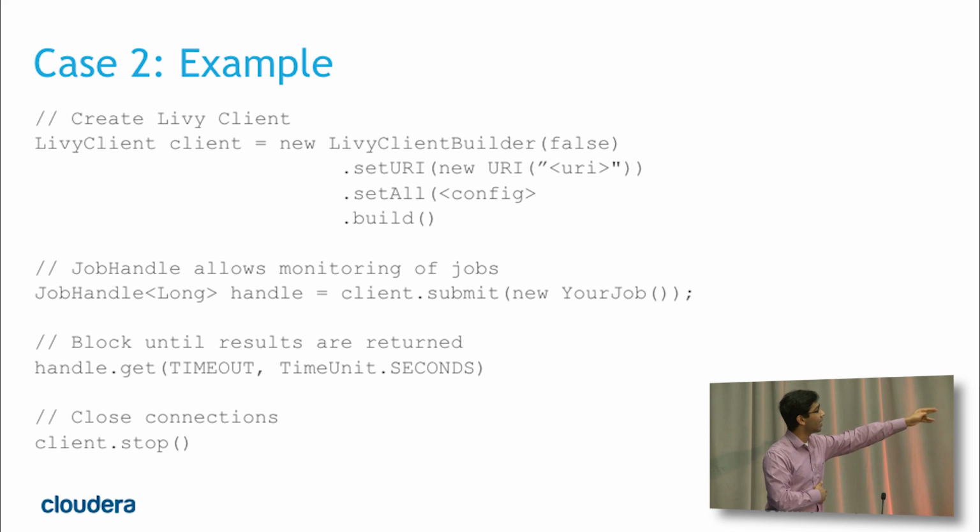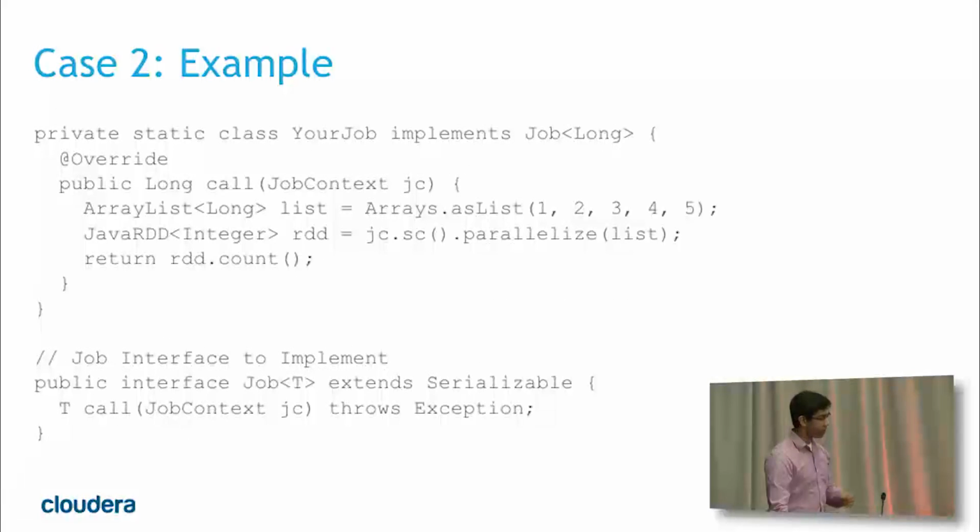So of course, the critical thing is what goes into that job instance. To define your job, you essentially extend this interface called the Job interface, which can be parameterized with different types. It has a callback function called call, which gets as an argument an object called the job context object, which has the various Spark contexts or SQL contexts, or if it's a streaming job, it can have the streaming context in it. So within your call function, you can embed any Spark logic.